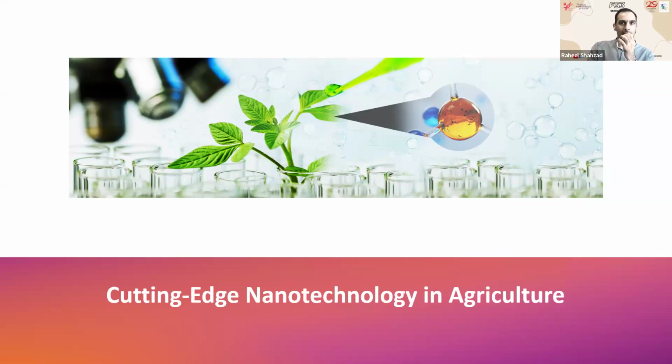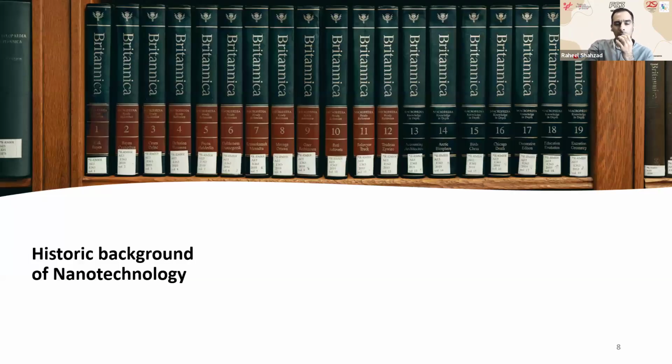But like myself, many researchers are interested in how we can directly utilize nanoparticles in the soil or in the plants using foliar application, or even as a seed coating, and what could be achieved through that. So there are many diverse applications.